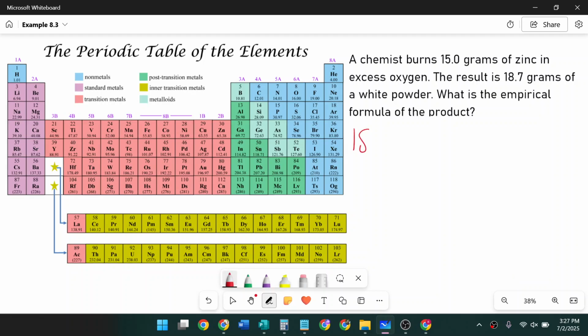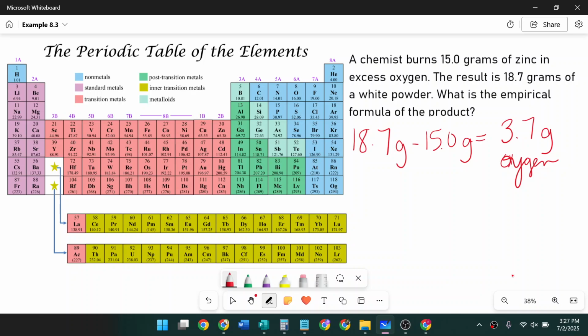We have 18.7 grams minus 15.0 grams, and that gives us 3.7 grams. We're subtracting, so the significant digits is just that we end in the tenths place there and there, so this one must also end in the tenths place. So that is how much oxygen we used in the reaction.